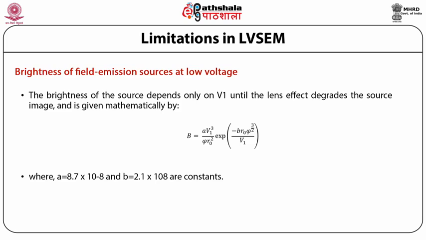Here, the brightness of the source depends only on V1 until the lens effect degrades the source image and is given by B is equal to a V1 cube divided by phi R0 square exponential minus b R0 to the power 3 by 2 divided by V1, where a is equal to 8.7 into 10 to the power minus 8 and b is equal to 2.1 into 10 to the power 8, and a and b are constants.